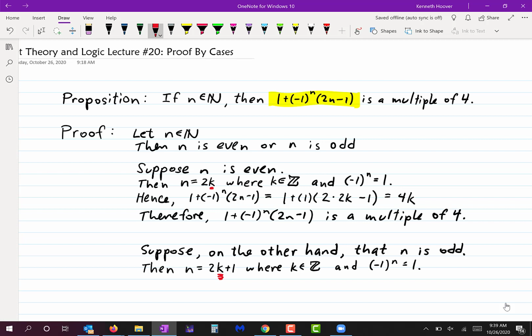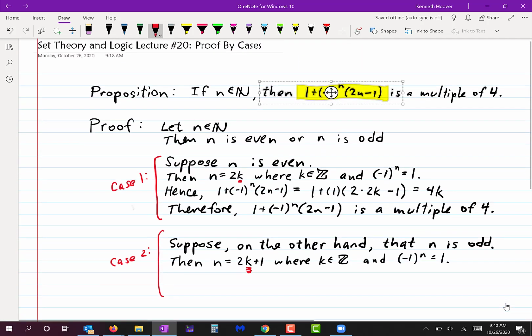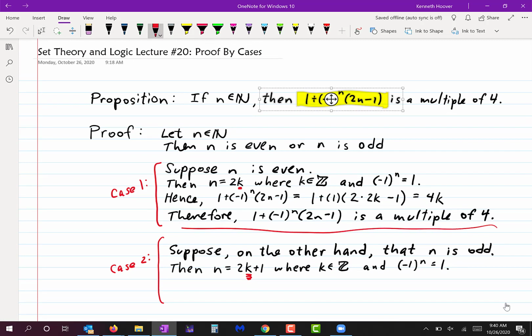Well, the answer is yes, it is okay. If it makes you uncomfortable, then don't do it. Choose a different letter. But it is okay, and here's the reason why. Because this is like a sub-proof. It's a proof within a proof. Case 1 stands by itself. Case 2 is totally separate from case 1. But the important thing is that case 1 ended here. Whoops, sorry. Case 1 ended here.